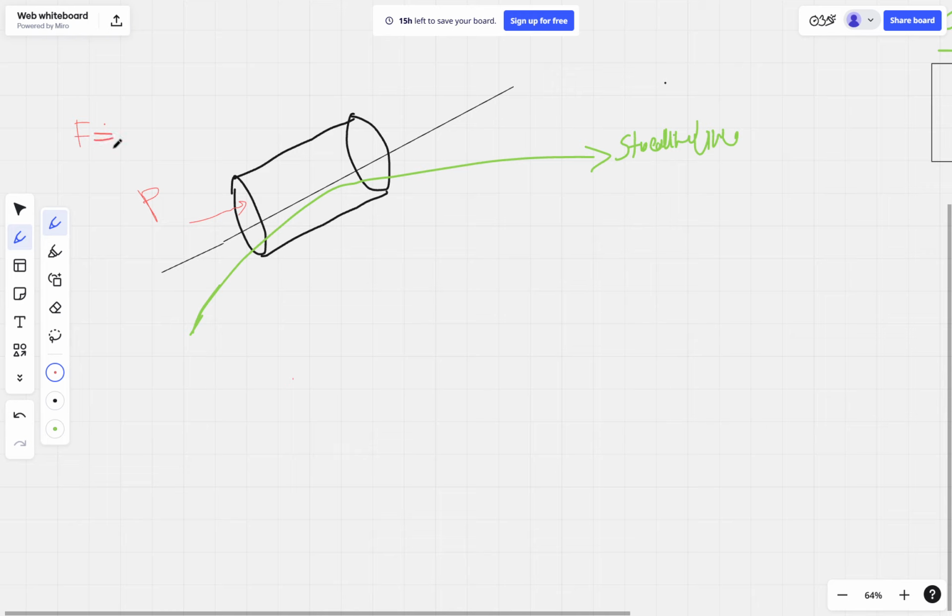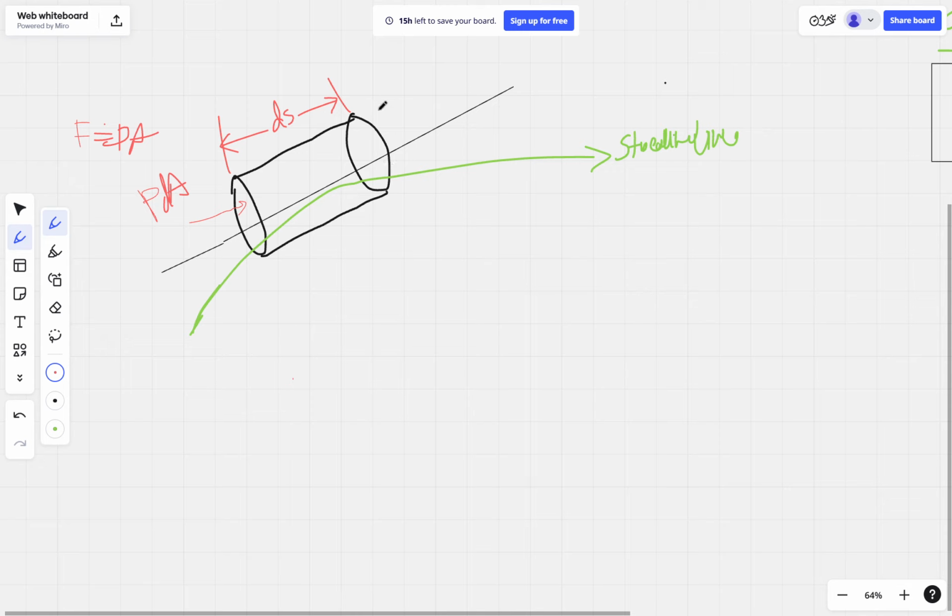Again, we know that F is equal to pA, and p is equal to F by A. So pA, but as we are considering a very small portion, this is the ds, and the area will be dA, so it will be p dA.